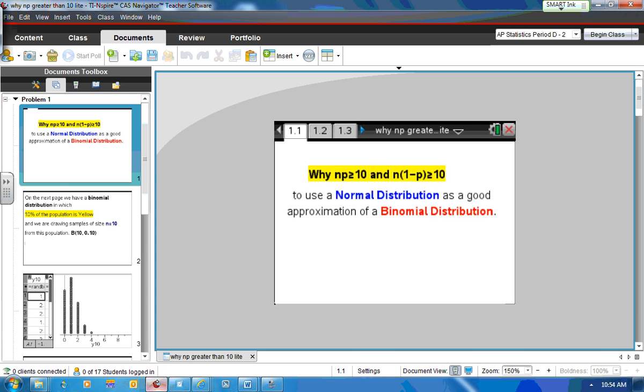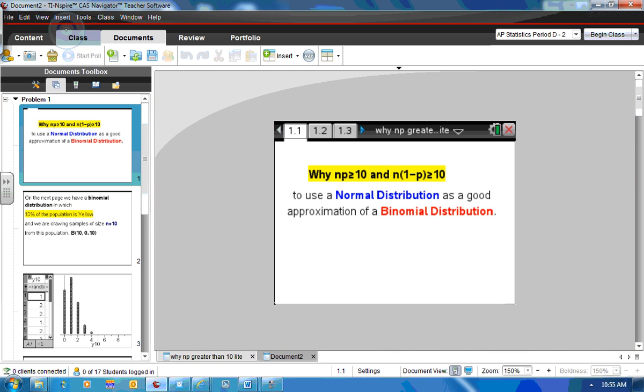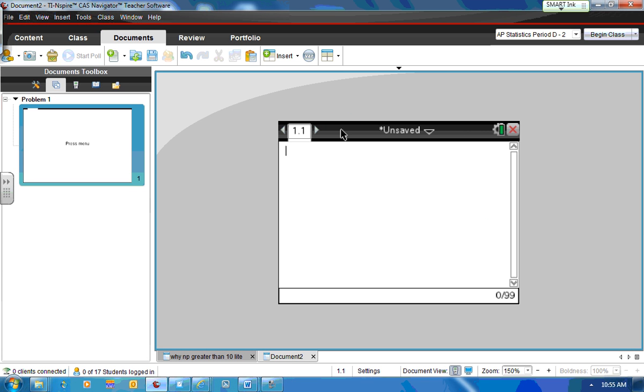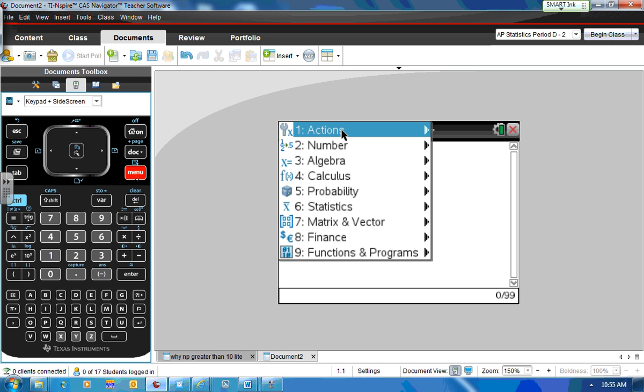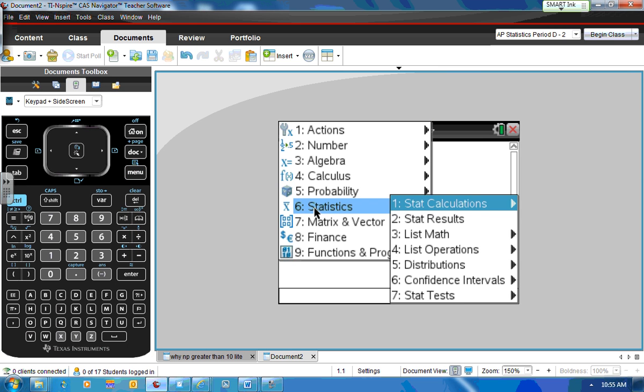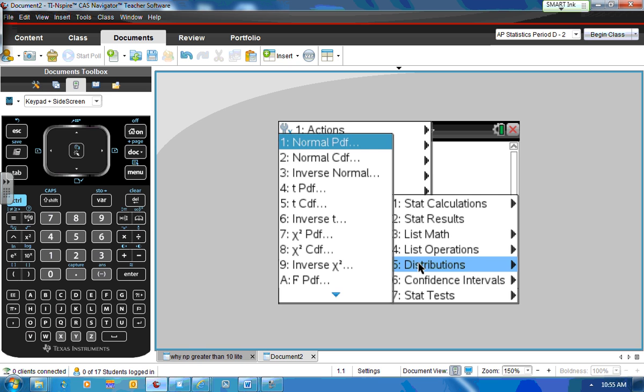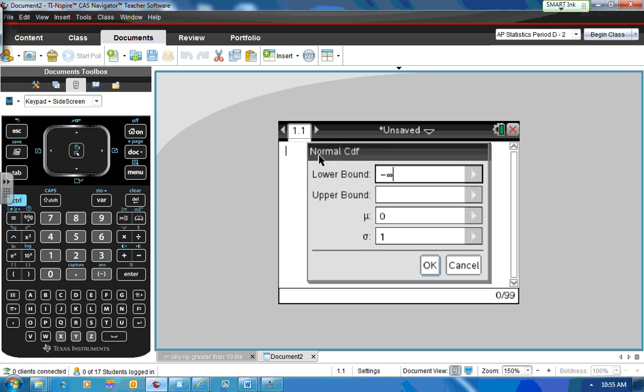Let's go to the calculator. Let me insert a calculator page. I'm going to go to Menu, Statistics, Distribution. I want to go to Normal CDF because I want the cumulative area under the normal density function.